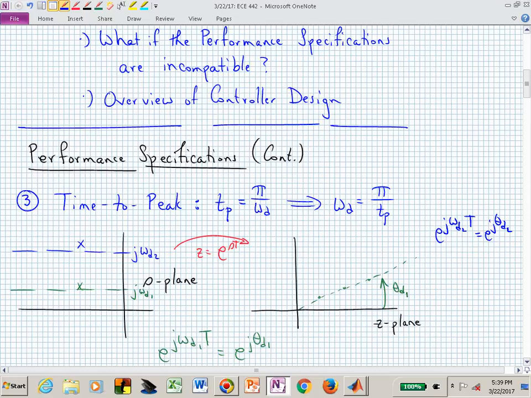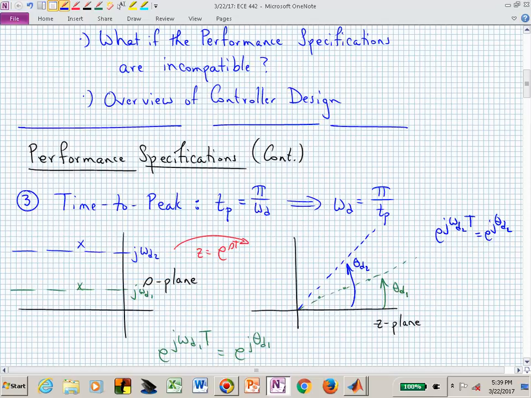Meaning if I mapped points that had the same angle of theta sub d2, then they would be on those particular lines.